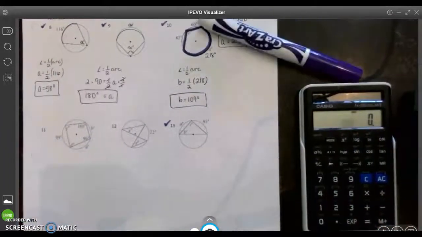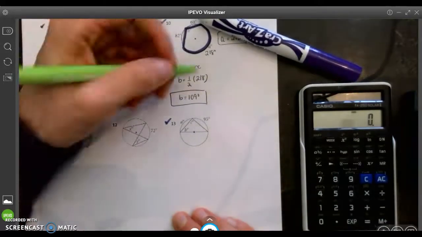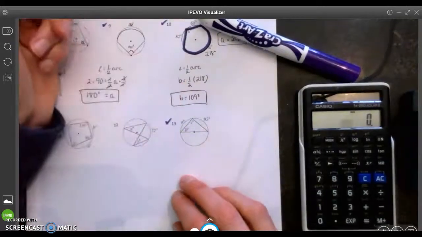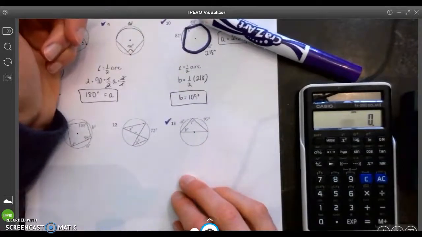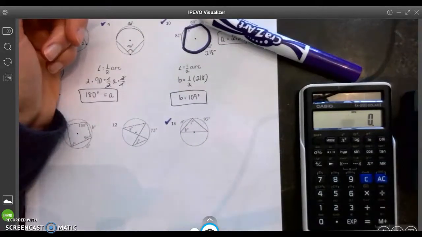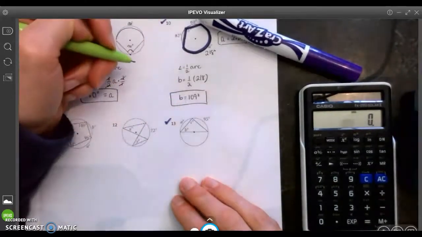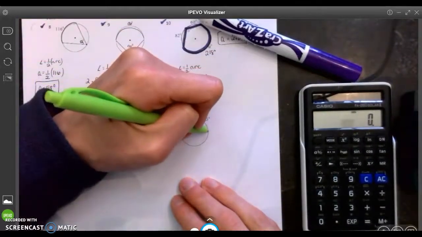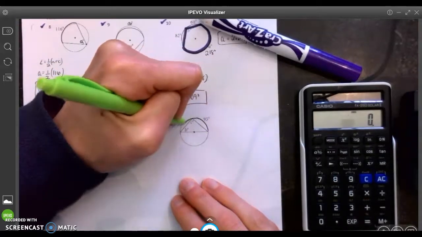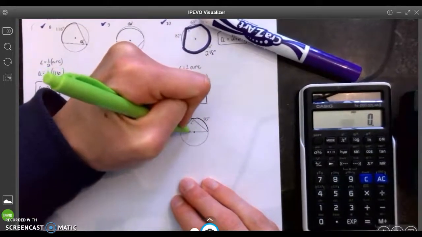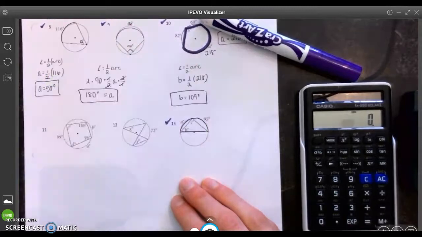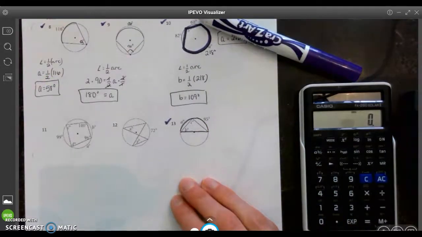And the last one. We have A, B, and C. What I know about this arc here is that it's a semicircle because of that diameter.